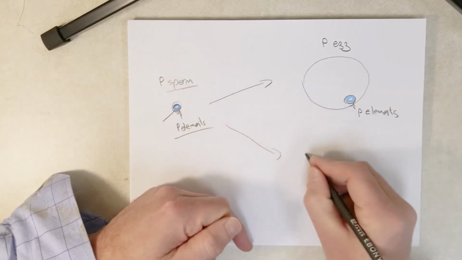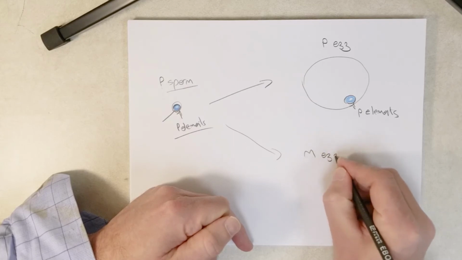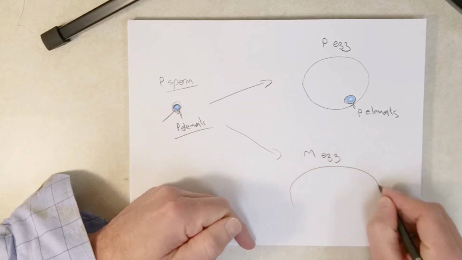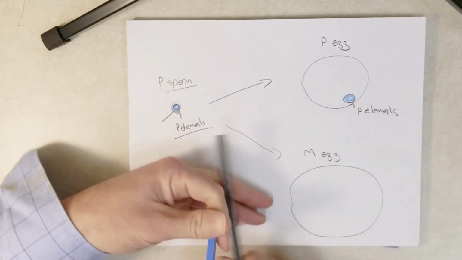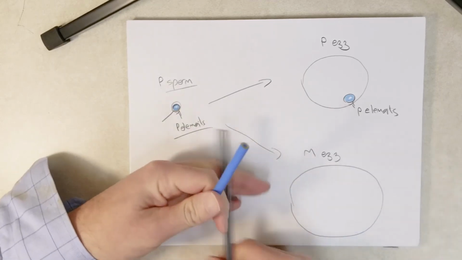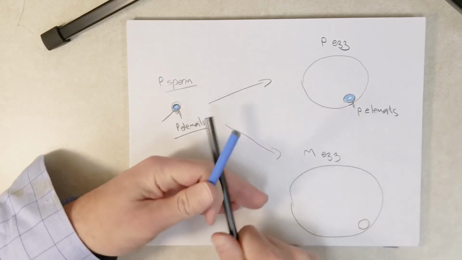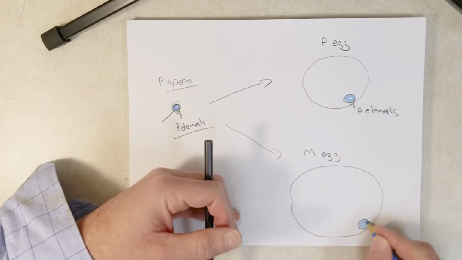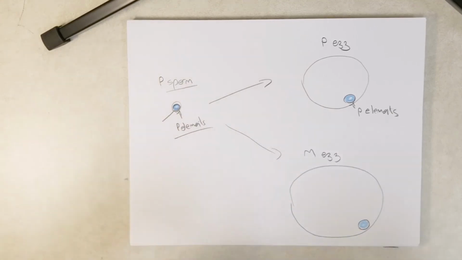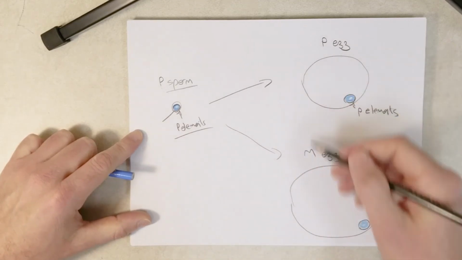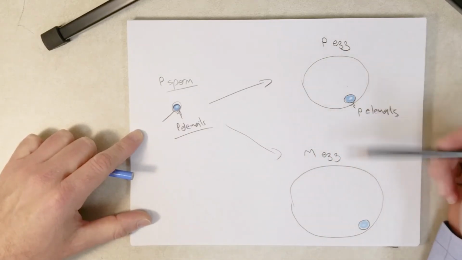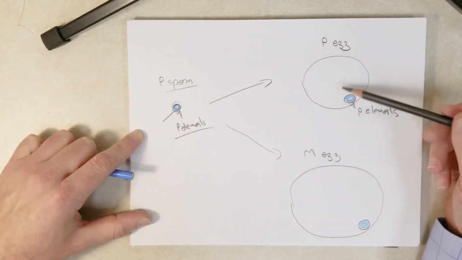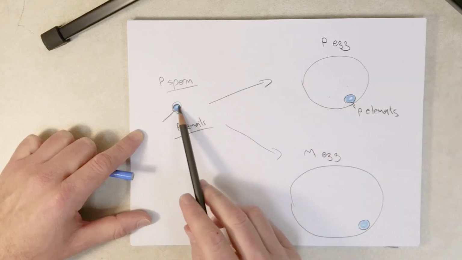And let's look down here at the M egg. Now again, the M flies don't have P elements, but they have nuclei, right? So here's the nucleus, no P elements. So we have all this cytoplasm right here associated with the ovaries, well, the eggs, relative to the sperm, right?